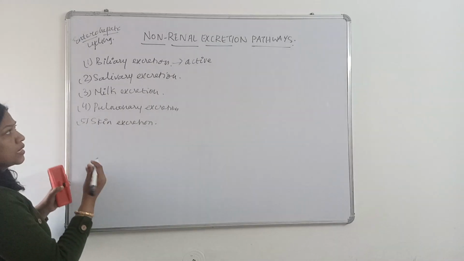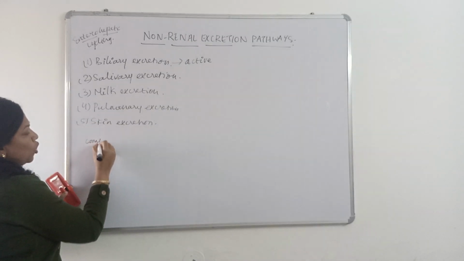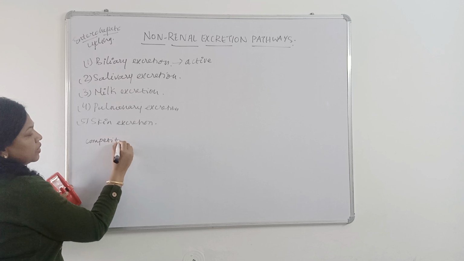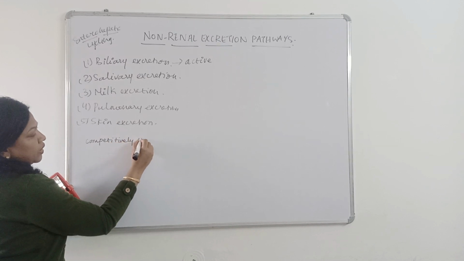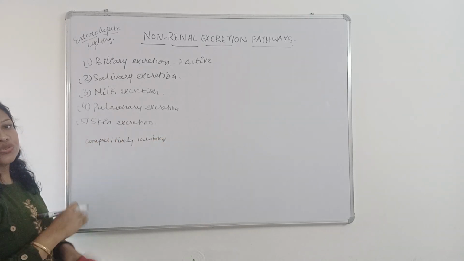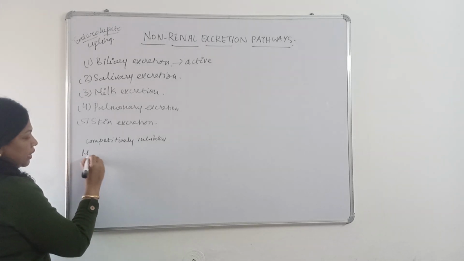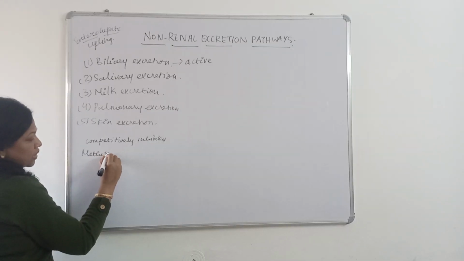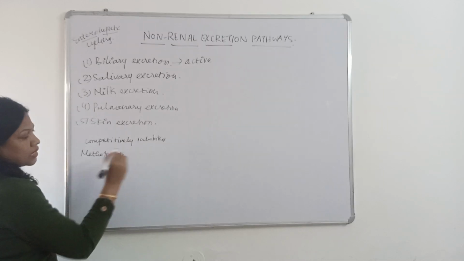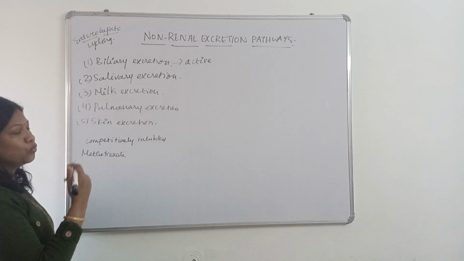As it is an active transport mechanism, they can also be competitively inhibited. What does it mean? Those drugs which can be excreted through the bile can be inhibited by competing drugs. Like the anti-cancer drug methotrexate, which has biliary excretion, is excreted out of the body through bile.